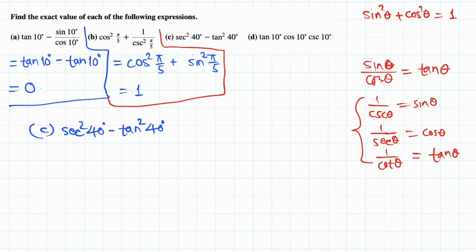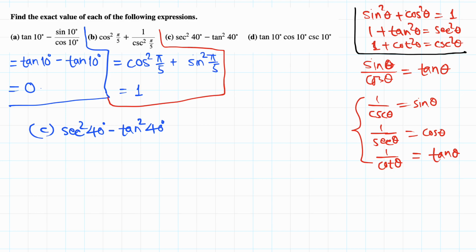Secant, tangent. We know another Pythagorean identity: 1 plus tangent squared is secant squared. And there's a third one: 1 plus cotangent squared is cosecant squared.